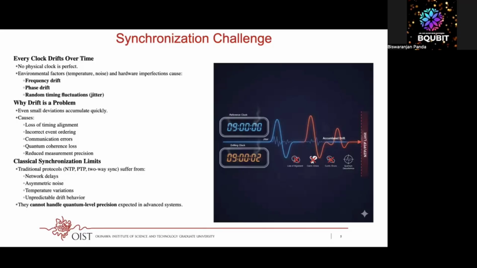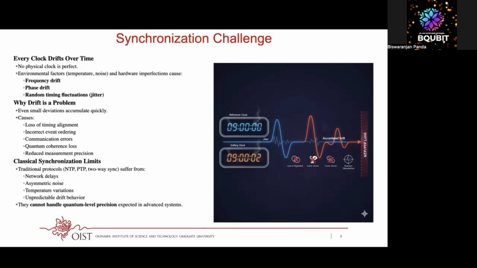Loss of time alignment will happen, then incorrect event ordering, then communication errors, then quantum coherence loss. Usually the qubits are not so stable if you are not considering the clock drift. Then you will be in trouble because of the decoherence.